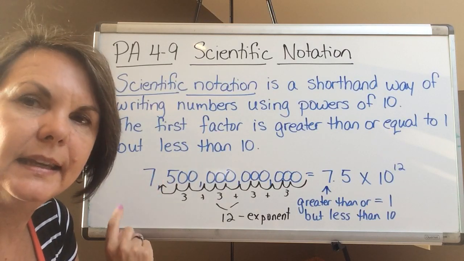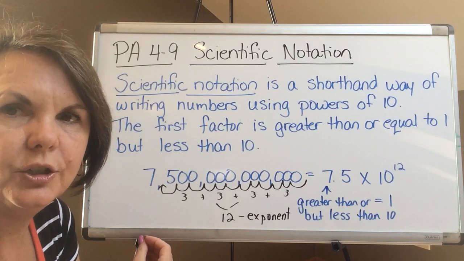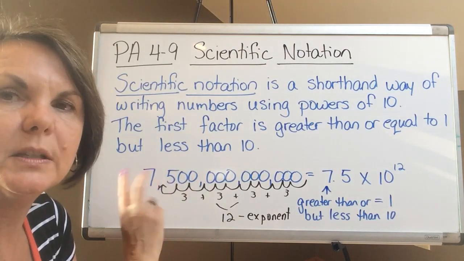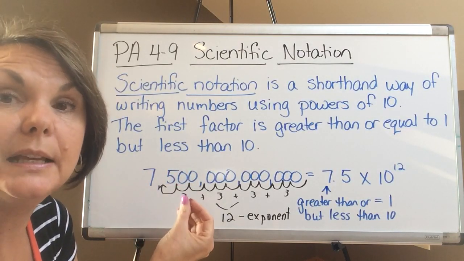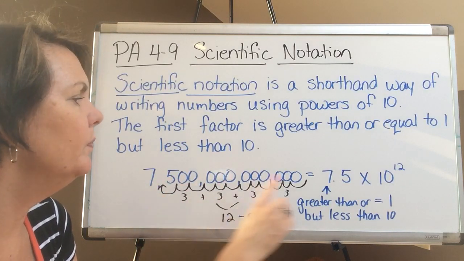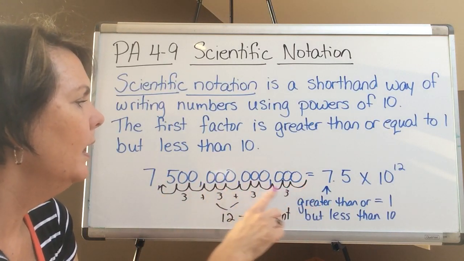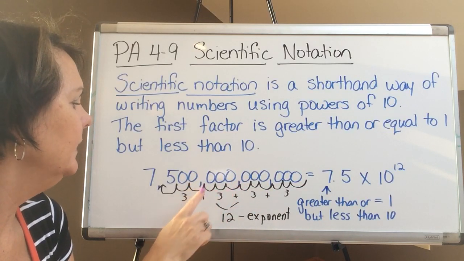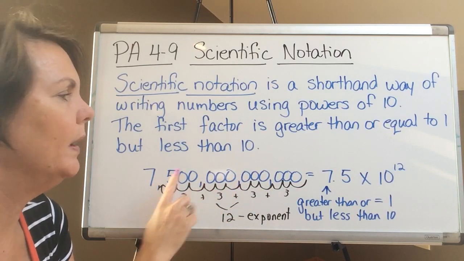I keep any other significant digits, that means any other number other than 0, unless 0 falls between two significant digits as a placeholder. So I'm going to move my decimal point all the way over, and I can do it in groups of 3. 3, 6, 9, 12, 7.5.